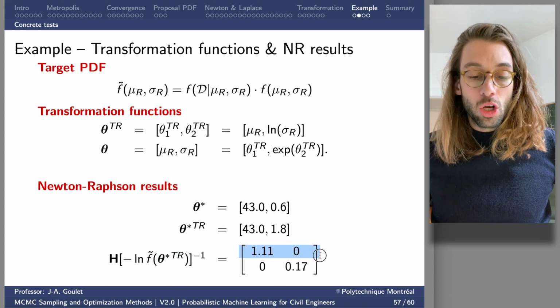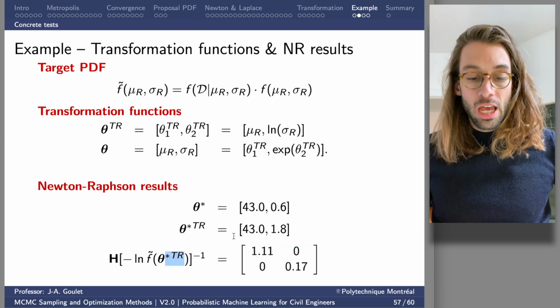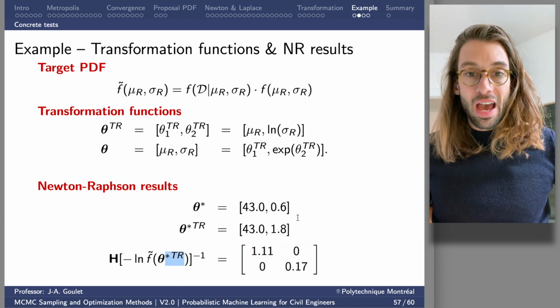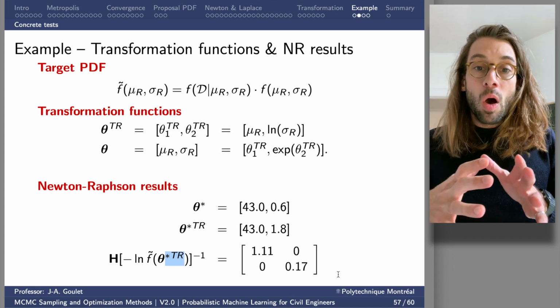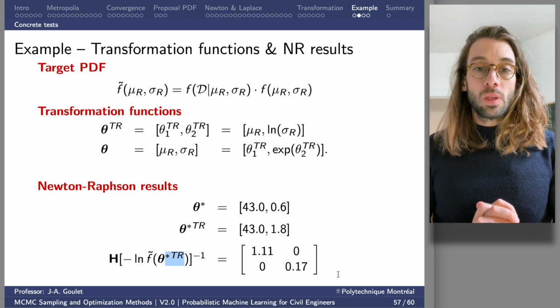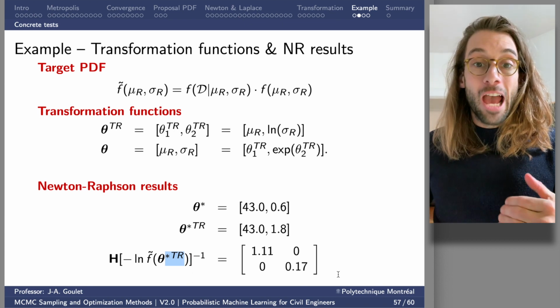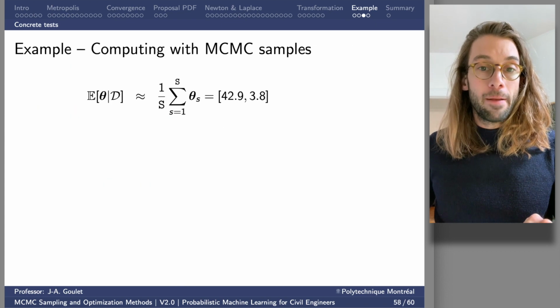This is going to be my covariance matrix. In this case, this is going to be in my transform space, okay? So this is going to be my scaling factor I'm going to use in order to define what is going to be my proposal distribution in order to perform my MCMC sampling using the Metropolis algorithm, okay?